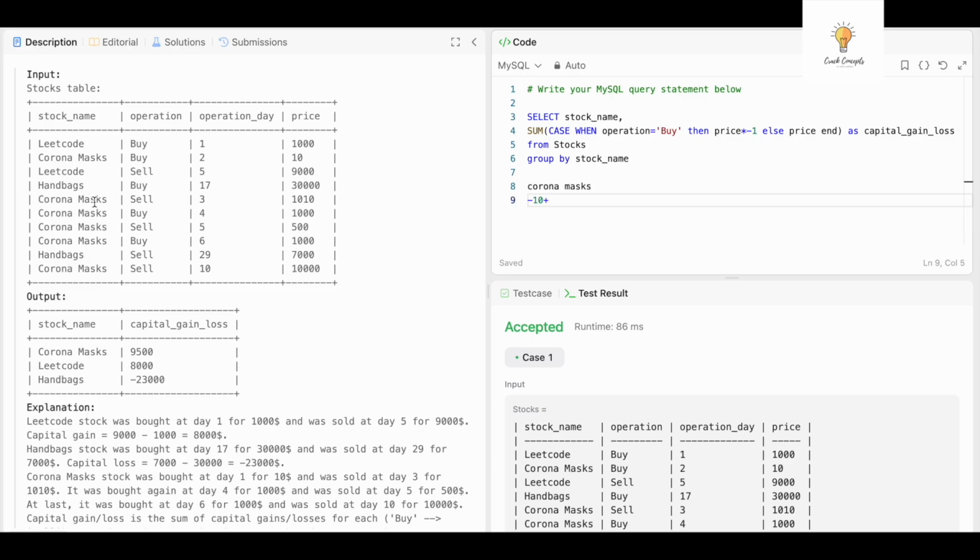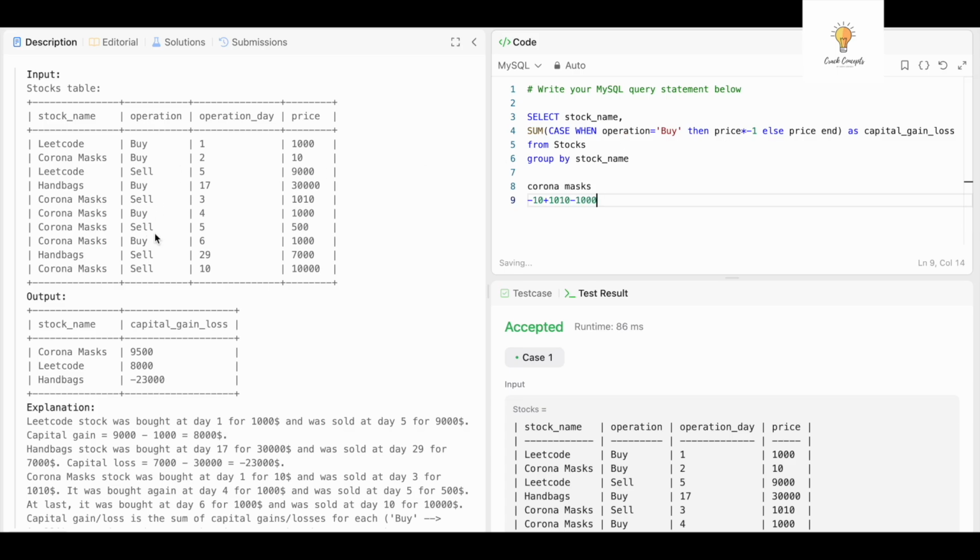Next corona mask record is a sell operation, which will be plus 1010, because in our case statement we have this else statement over here which is just price, so only plus that particular price will be written. Again, corona mask buy operation, whenever there is a buy operation we have minus 1000.